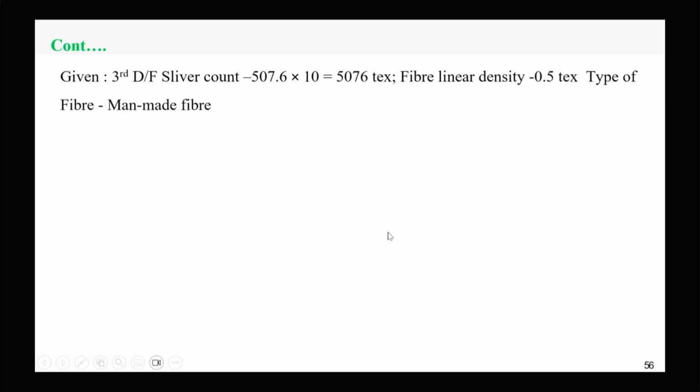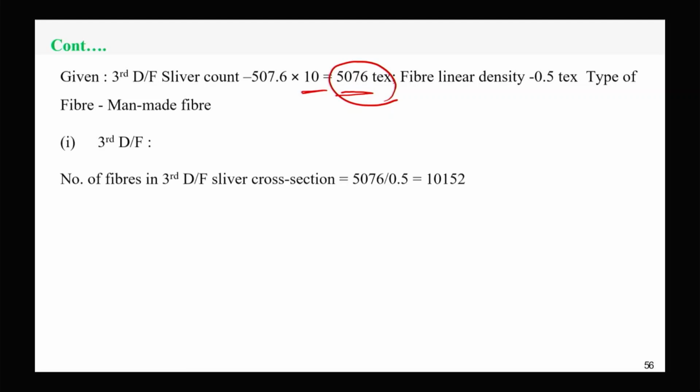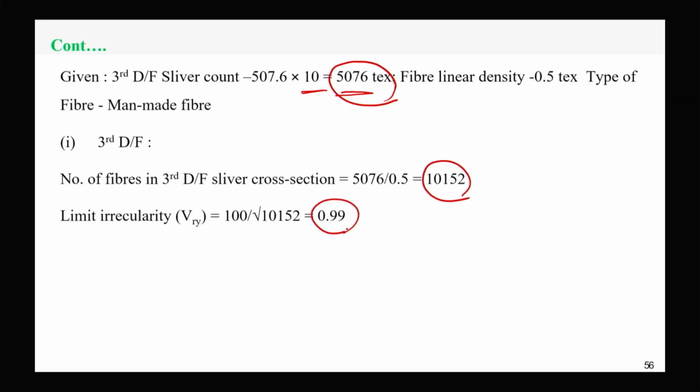So third draw frame sliver count will be, when draft is 10 at the roving frame, so third draw frame sliver will be 5076, and the number of fibers in the cross section is 10,152, and limit irregularity is 0.99, and index of irregularity we can calculate, it's 5.55.